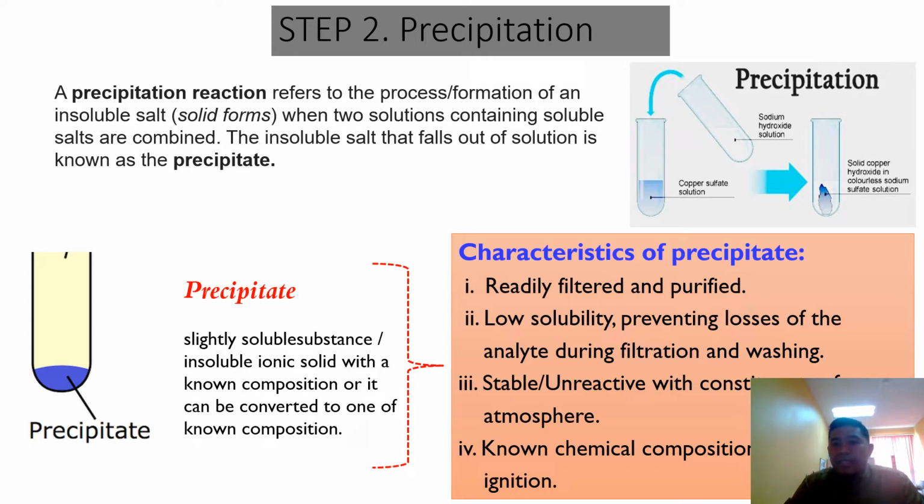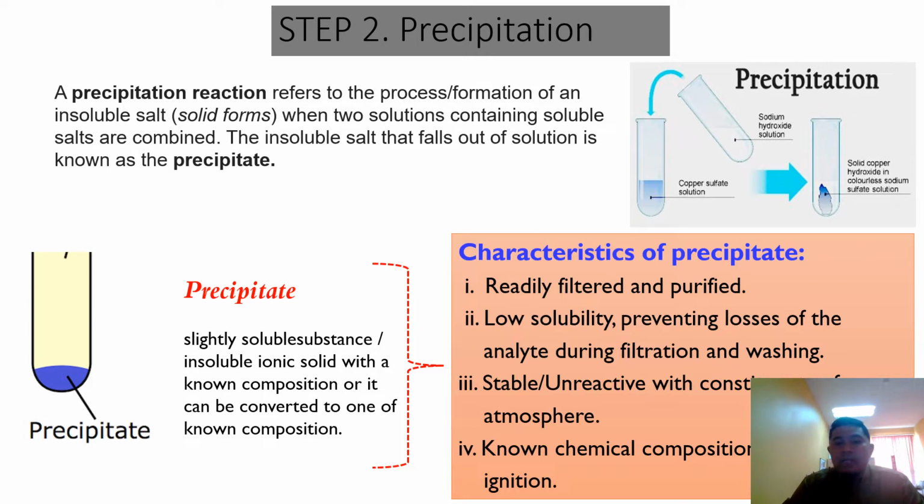Alright, so the precipitation properties, as I said: precipitation requires a precipitating reagent or agent in order to make the precipitate you get from the reaction more reliable to measure. There are characteristics of precipitate that we need to have. First one is readily filtered and purified.